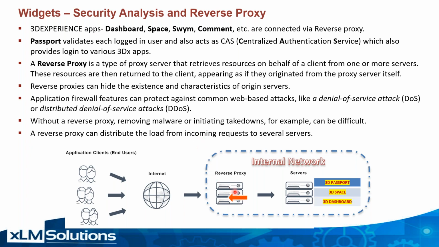For example, a big company would utilize multiple 3D spaces and multiple dashboards due to the huge number of people using them, so the reverse proxy would take care of that. So I would say that the reverse proxy definitely provides a very thick layer of security between your external and internal network, as well as distributing the incoming requests and data sources being pulled.